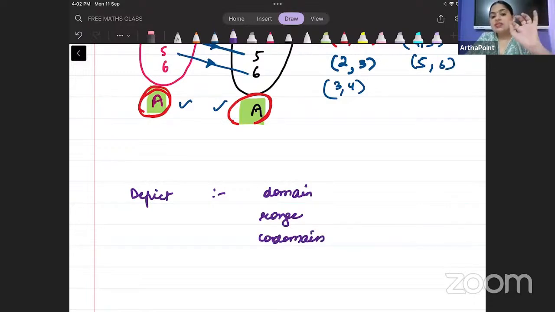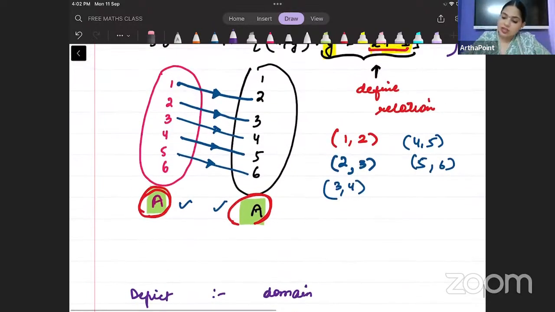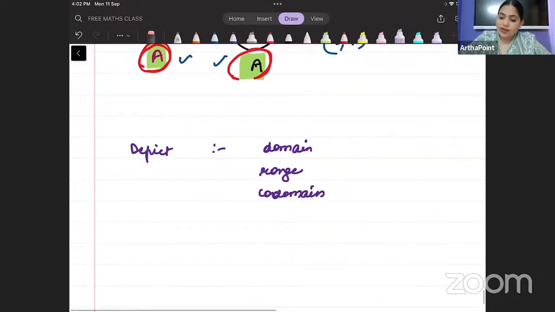Ma'am, domain is everything that has an image. Whose image do I have? I have an image for 1, 2, 3, 4, and 5. So my domain will be 1, 2, 3, 4, 5. This will be my domain.